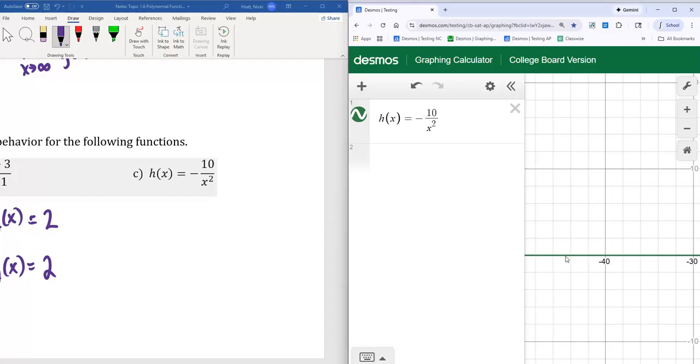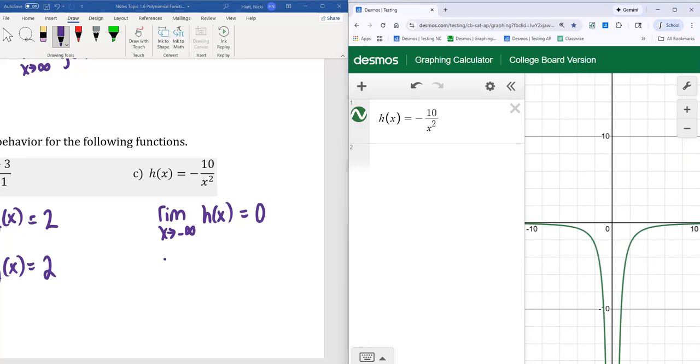So my limit as x approaches negative infinity of h of x, what does it look like it equals here? 0. Right, the x-axis is where our y coordinate is 0. And that same thing happens on the right side. So the limit as x approaches infinity of h of x also equals 0.